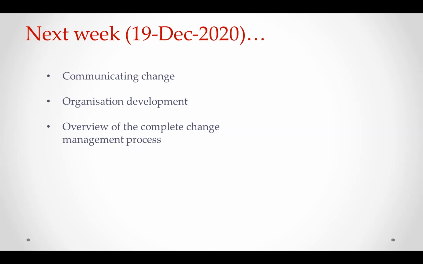We've looked at 2 models of change, one at the individual level, which is Lewin's model, and the organization level model of John Cotter. We will wrap up John Cotter's framework next week, and also look at a complete overview of the change process, which will bring everything together and make it a little more meaningful to all of you.